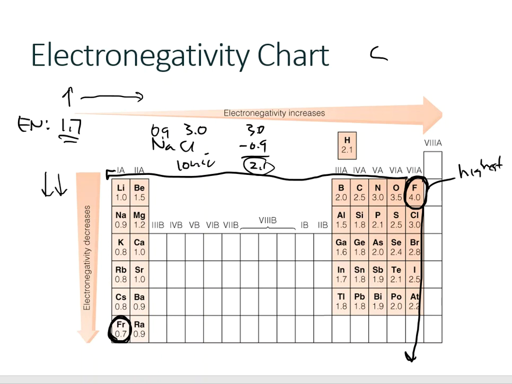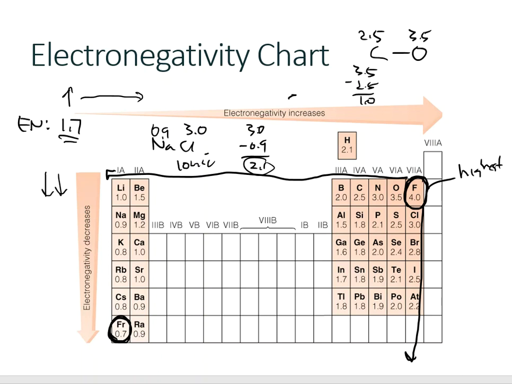Another one of those was the bond between carbon and oxygen. We said that that was covalent. I'm only going to draw one oxygen here. Well, that carbon has a 2.5, and that oxygen has a 3.5. 3.5 minus 2.5, folks, that's a 1.